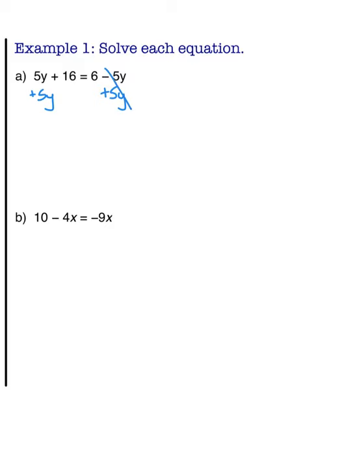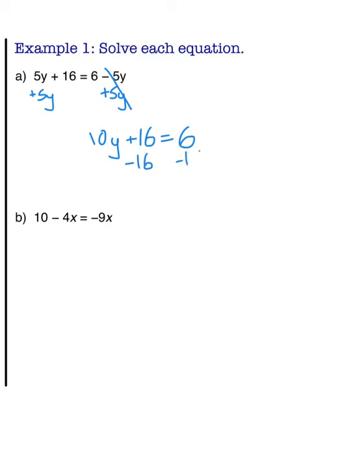And then on the left, I have 5y plus 5y, which is 10y, plus 16 equals 6. And now I solve for the variable. So to get y by itself, I need to get rid of the 16. Right now it's adding. Inverse of addition is subtraction.